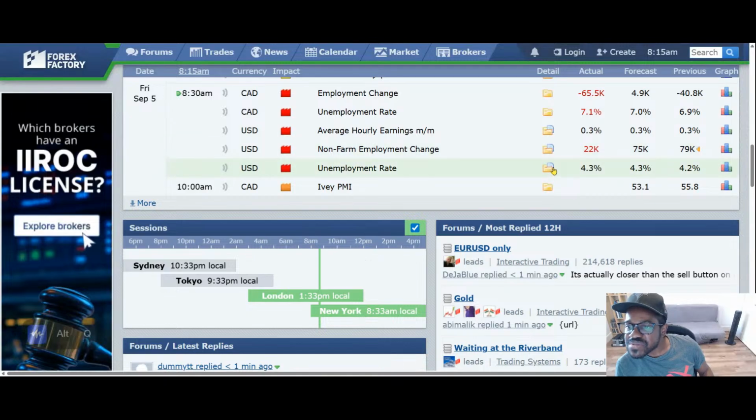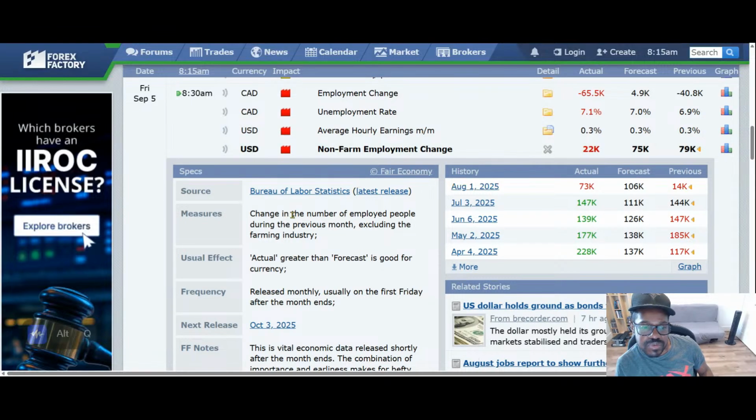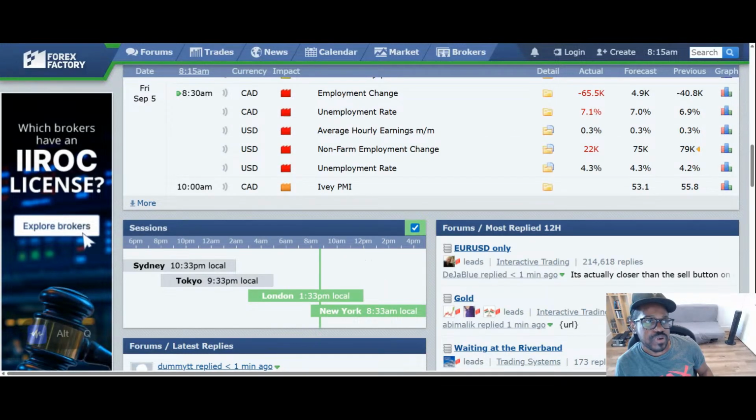Unemployment rate 4.3, and that's 4.3, so that's what we expected. And the average hourly earnings month to month 0.3%, so that's what we're expecting. So that was 22K, and we're expecting 75, so that's pretty bad. So actually greater than forecast is good. So that's bad news overall.